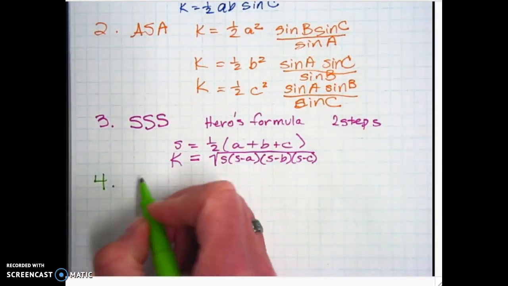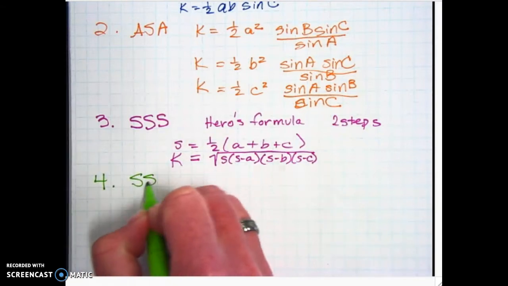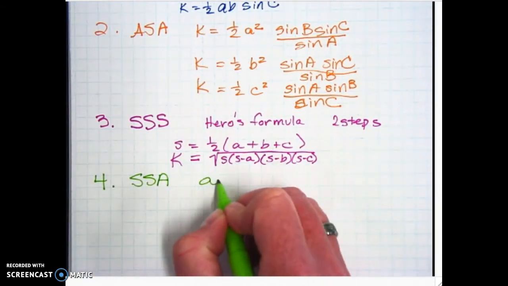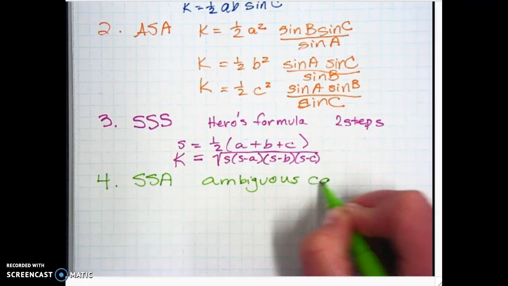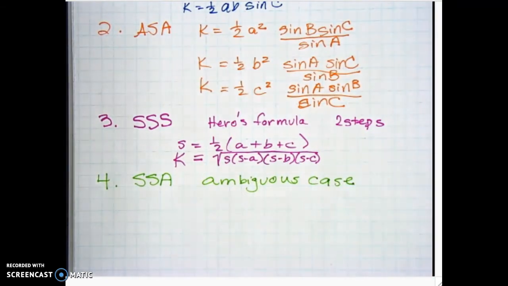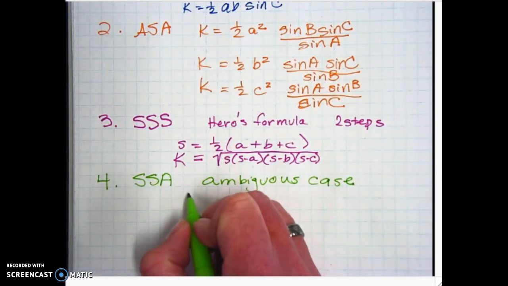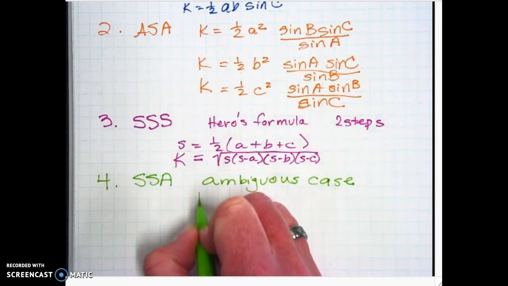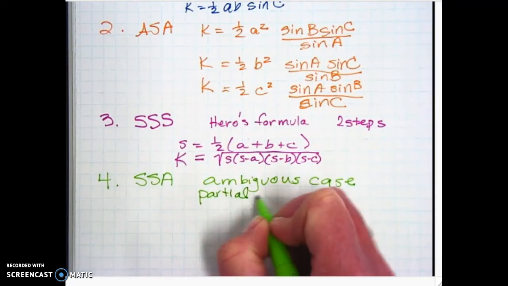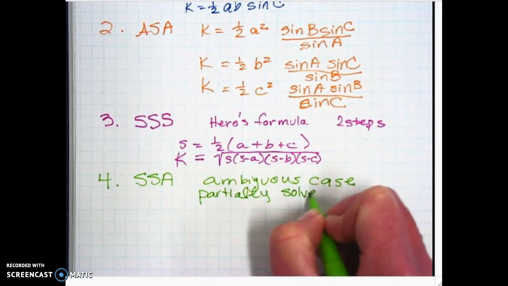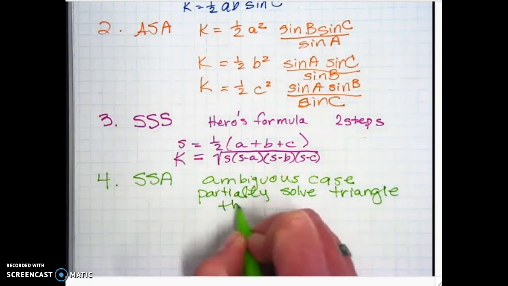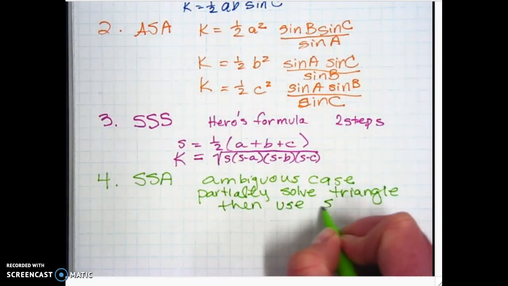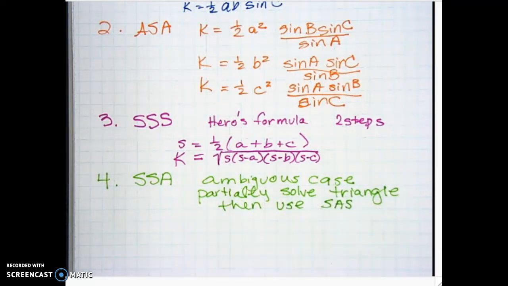Number 4 is when you're given side-side-angle, that ambiguous case. For this one, you're going to have to partially solve the triangle first, then use side-angle-side.